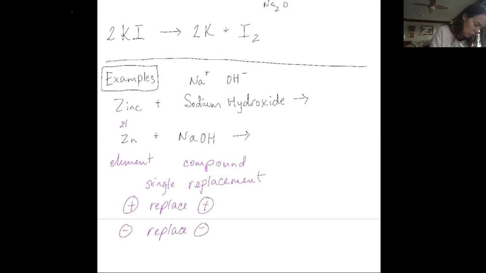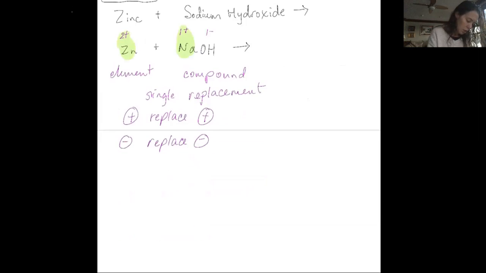Zinc is a 2 plus, sodium is a 1 plus, OH is a 1 negative. Therefore, my zinc will replace my sodium, and sodium will be by itself. This is assuming this reaction would occur. Not all reactions would occur, to be honest with you. This one, if it was in solution.